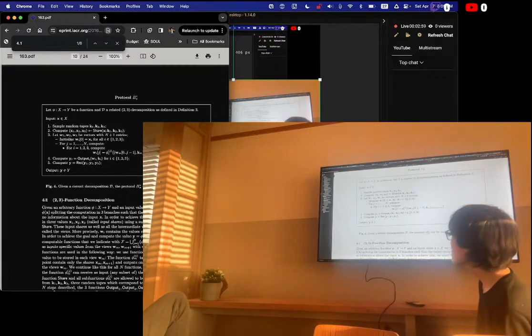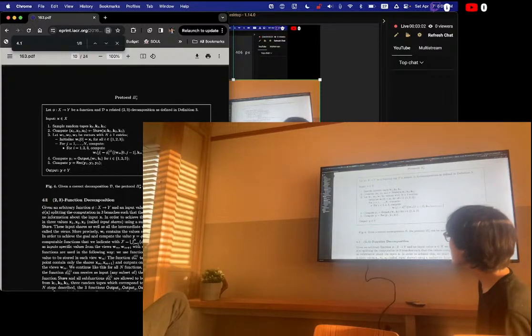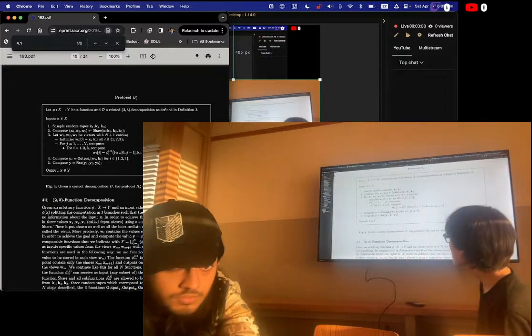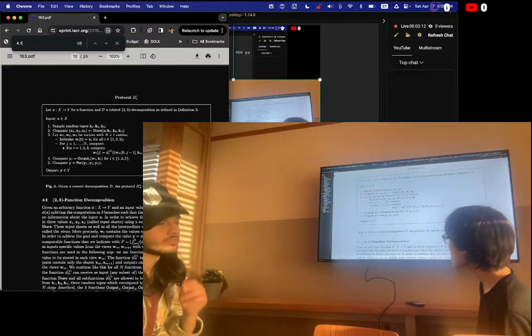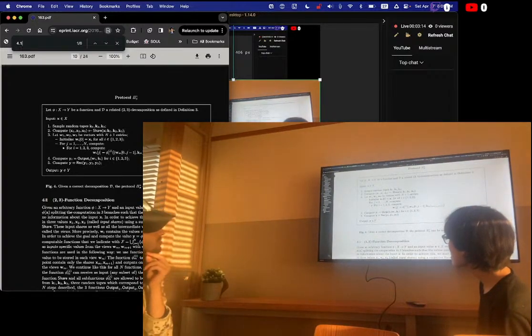And so it denotes, for each gate and for each index of the party, it computes the share of the output wire of the i-th gate.